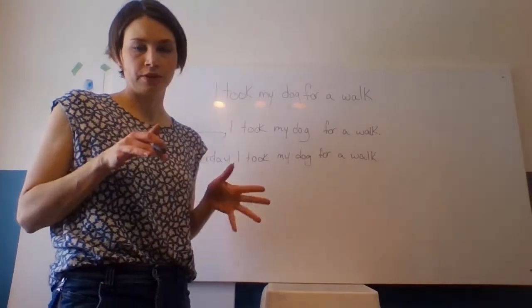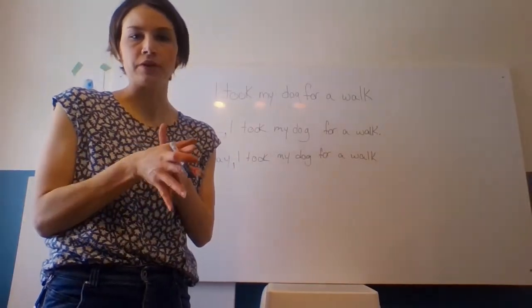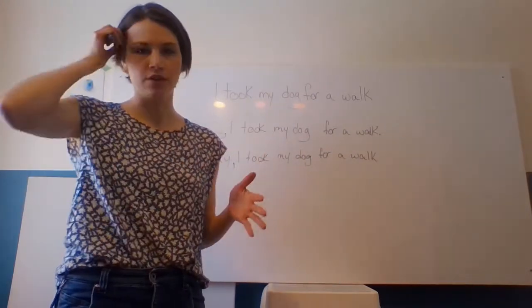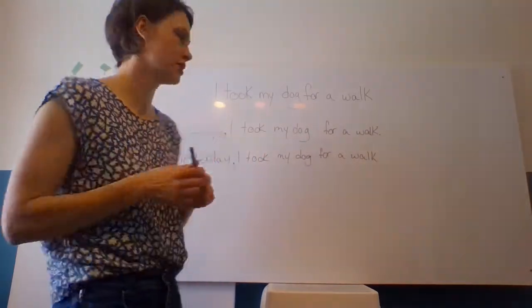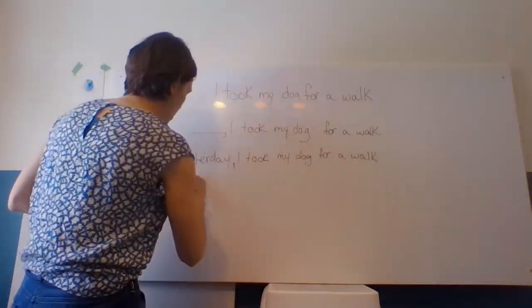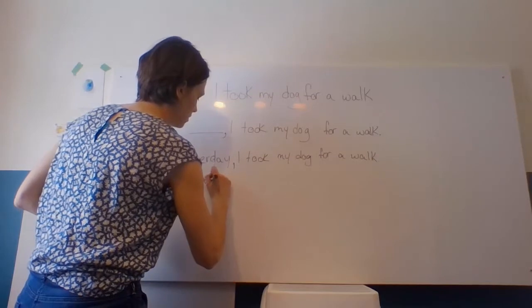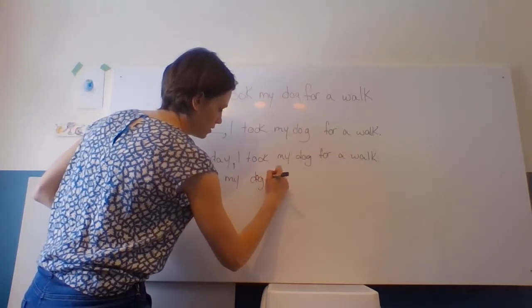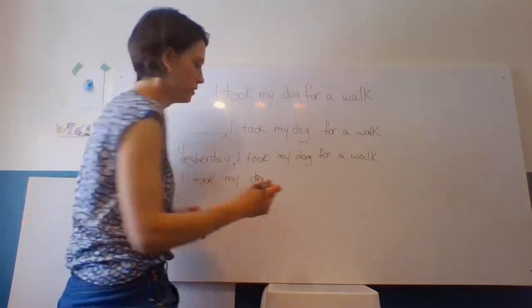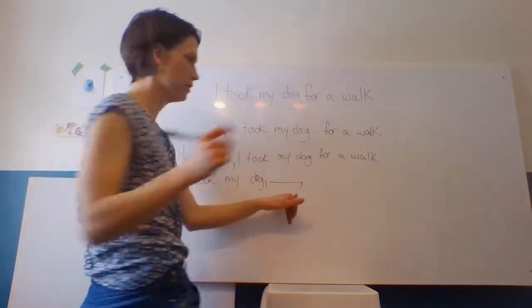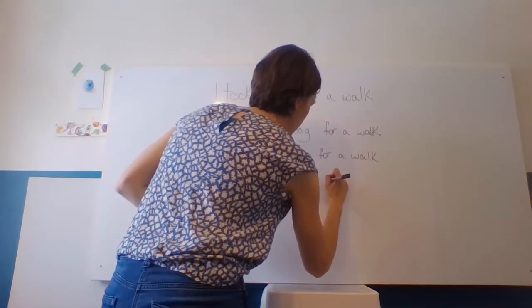Another way to branch our sentence is by adding something in the middle. In this case, you can use 2 commas to describe something or add some more information into your sentence. So I could say, I took my dog, comma, blank, another comma, for a walk.